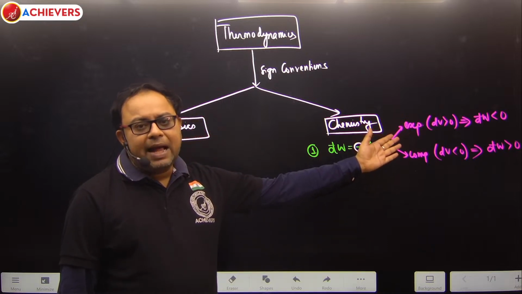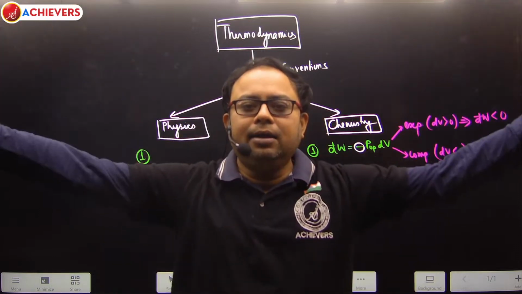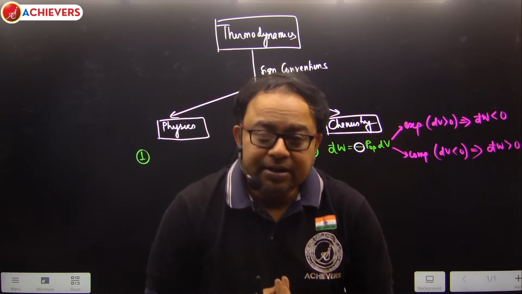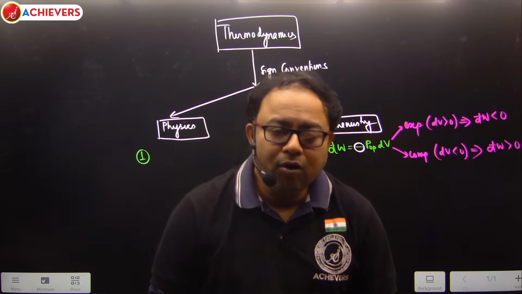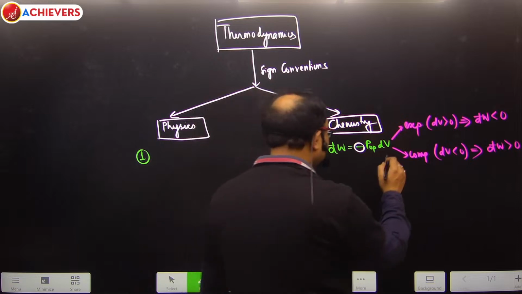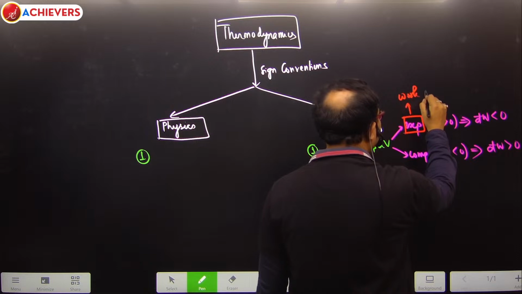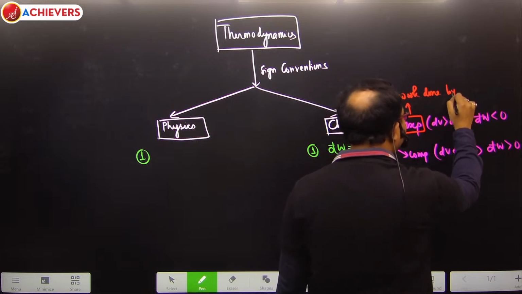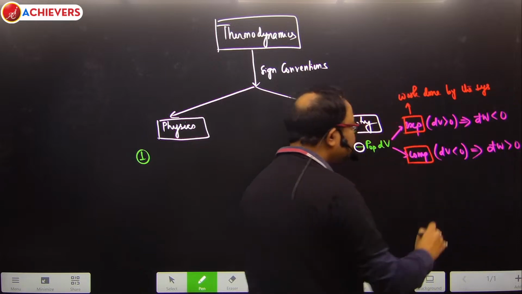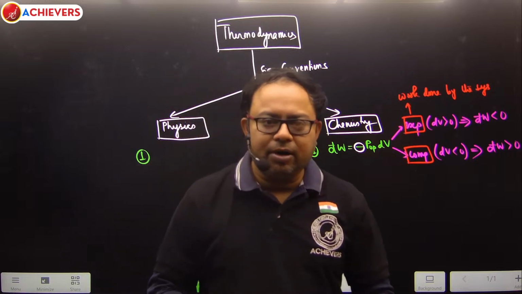What does expansion signify? A system is expanding. That means outward force is given by the system. That means the system is itself doing work, or work done by the system. So expansion is nothing but work done by the system. On the contrary, compression is work done on the system. You are compressing a system, you are contracting a system.